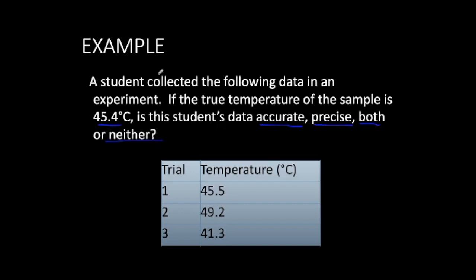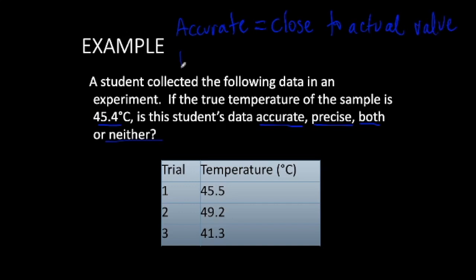Okay. So in order for it to be accurate would mean it would be very close to the actual value. And if it's precise, that means that all of the data points are close to each other.